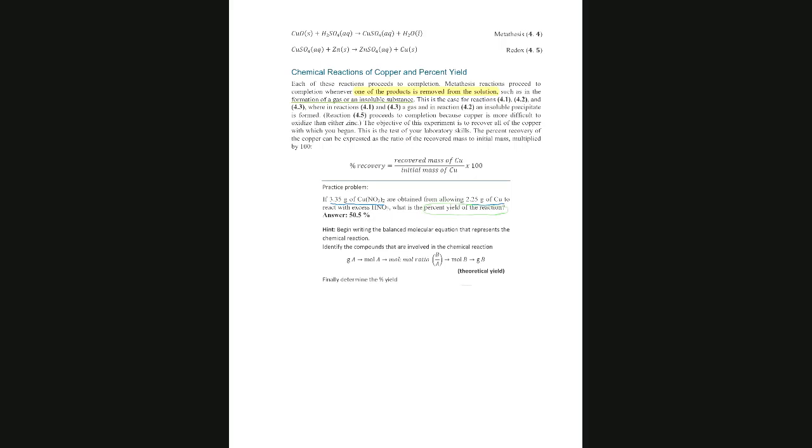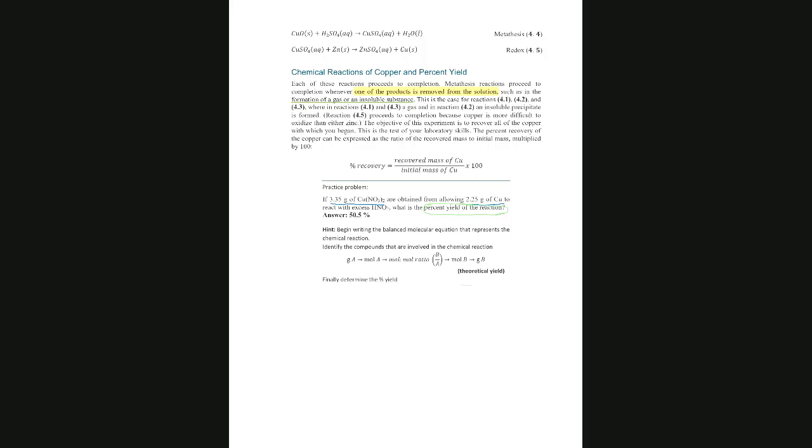So what is the first thing that comes to your mind when you read that problem? The first thing you need to do is to know the mass of copper, because they are not telling you, like in our report, what is the mass of your copper.